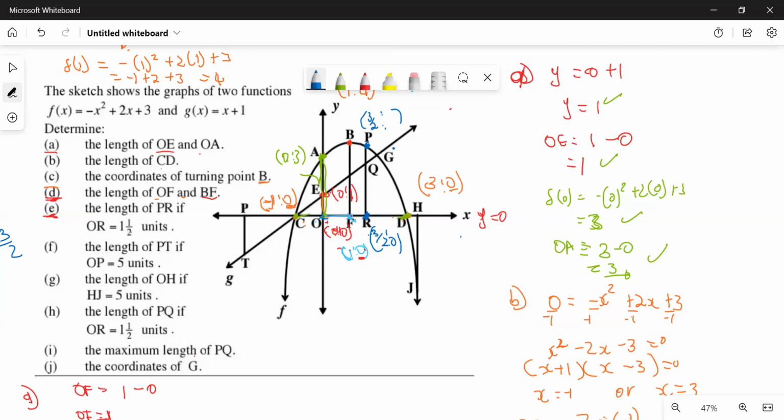Like Mr. Libella, distance here BP, FR. Yeah, I can see BP. FR.